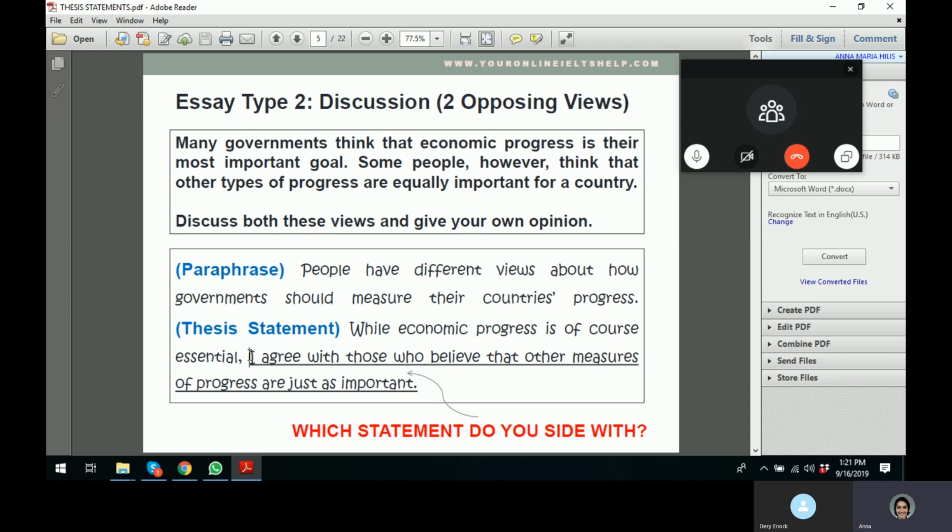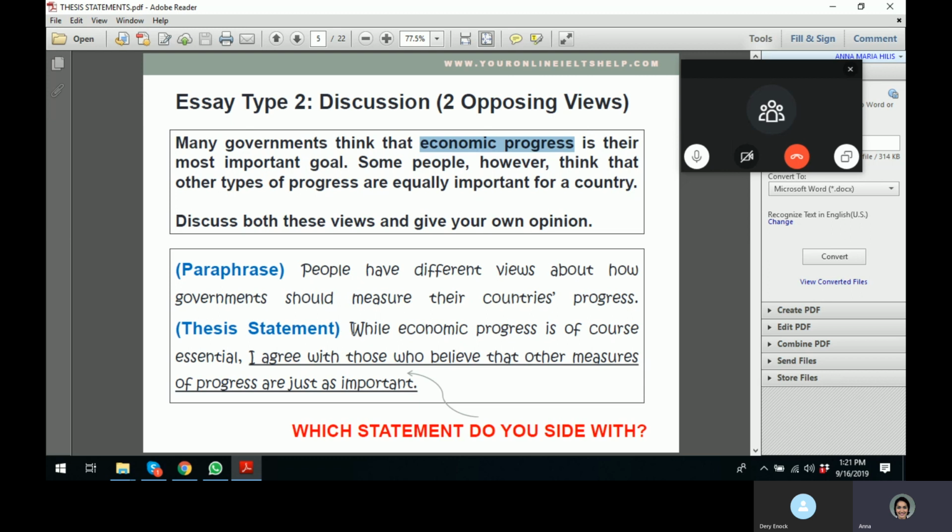Okay, and the writer says, I agree with those who believe that other measures of progress are just as important. So, in other words, economic progress is not the only important thing for a government or for a country.